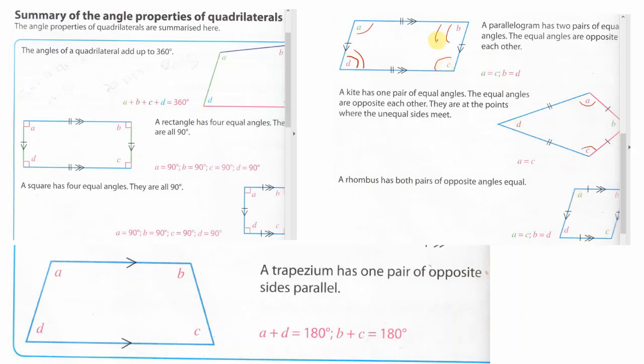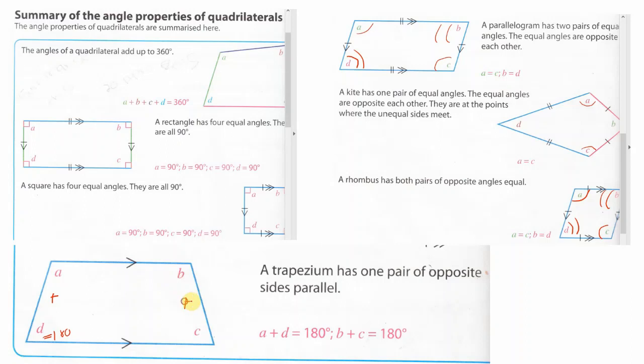A rhombus is similar to a parallelogram, it has opposite angles equal. So angle A and C are equal and angle D and B are equal. And then a trapezium has angle A plus D together adding up to 180 degrees. So A plus D equals 180 degrees.